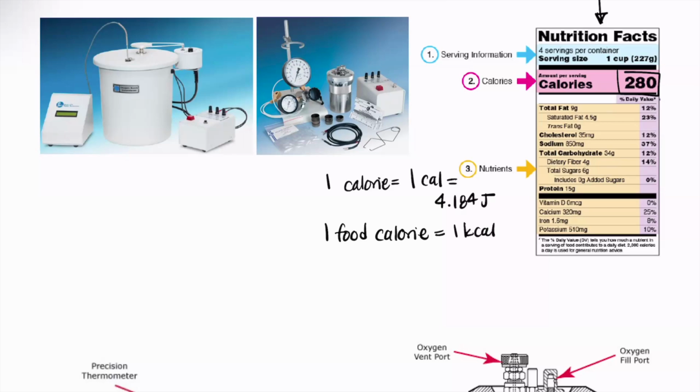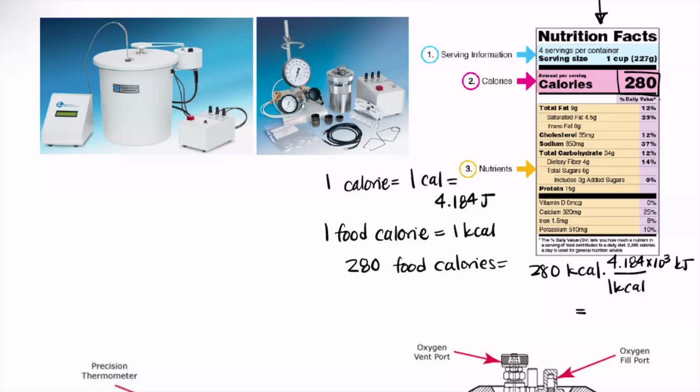So for this example, 280 food calories is the same thing as 280 kilocalories times 4.184 times 10 to the 3 kilojoules per kilocalorie.